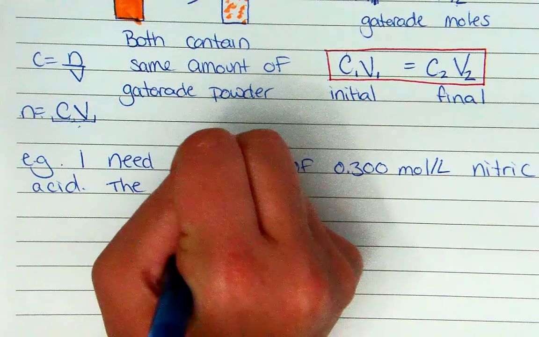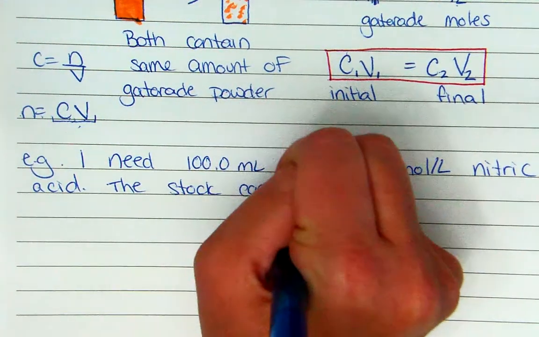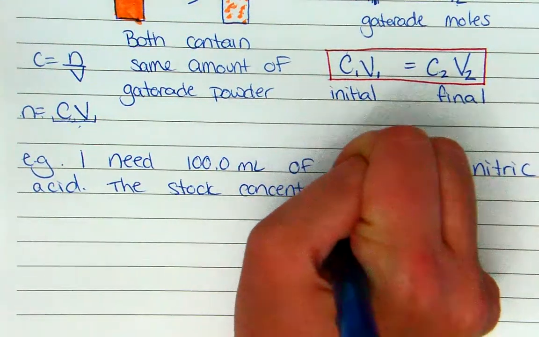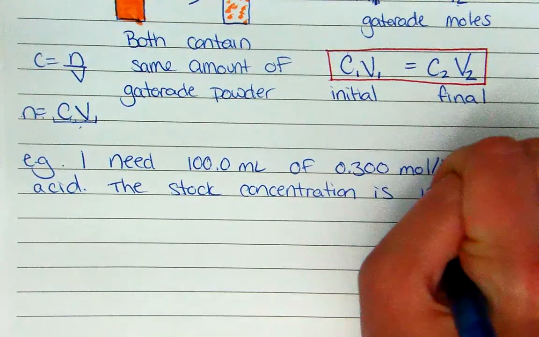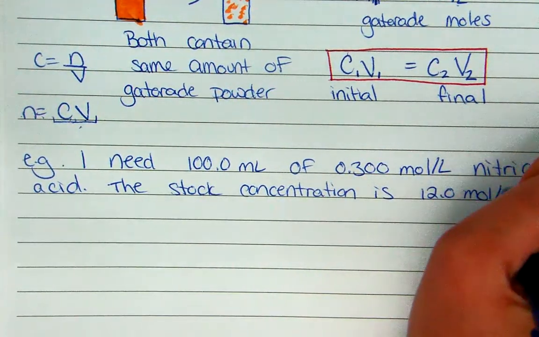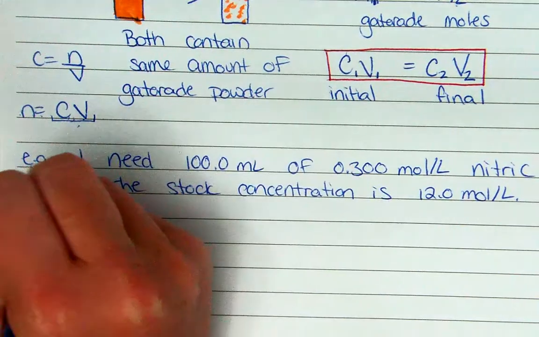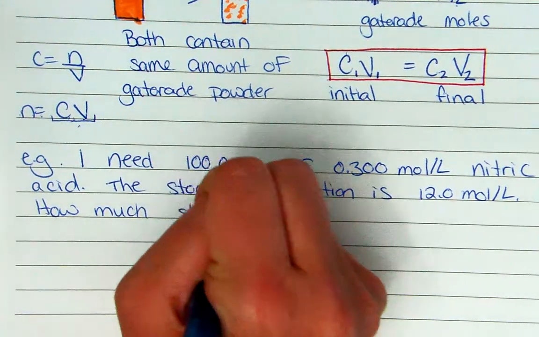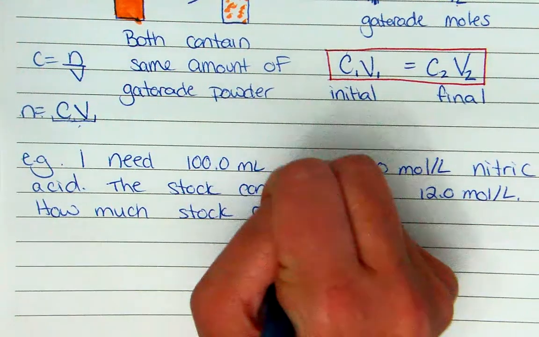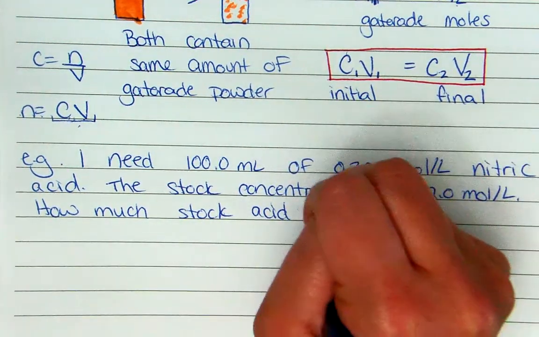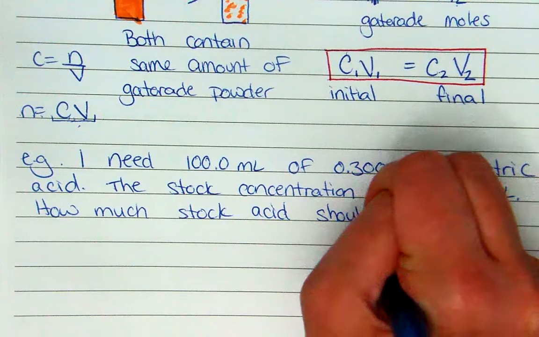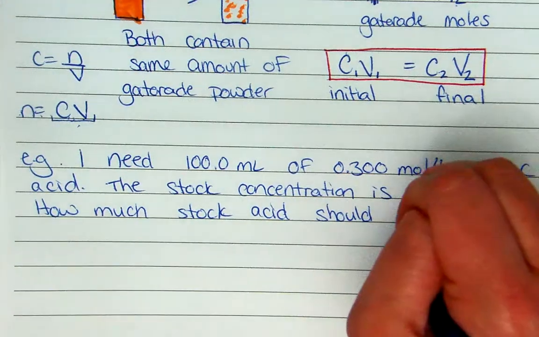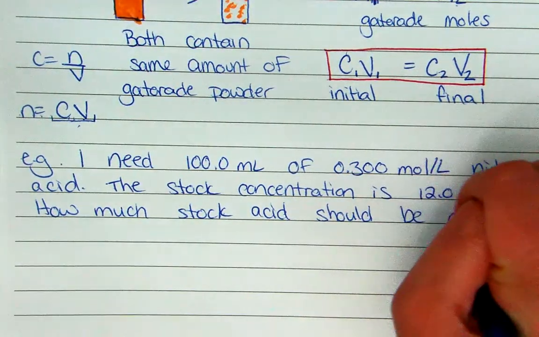The stock concentration is 12.0 moles per liter. So how much stock acid do I need? And I need to know how much distilled water should be mixed as well.